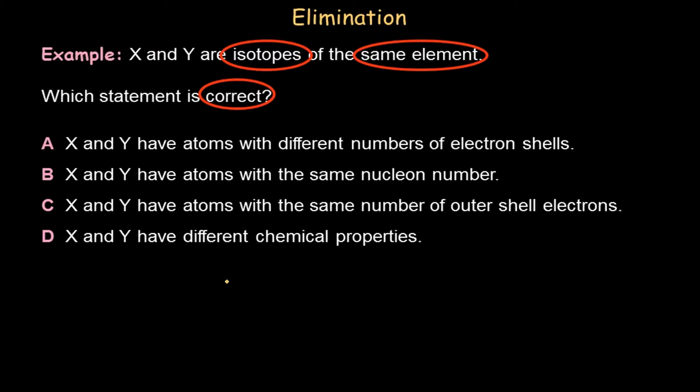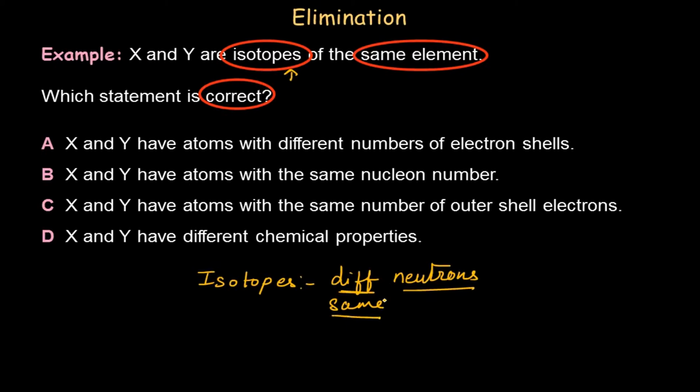Before looking at the answers, you need to think: if isotopes is a keyword, what do you know about isotopes? From the definition, we know that what is different in isotopes is the number of neutrons. Everything else, other than neutrons, is the same. So we need to take care of this particular point about isotopes.